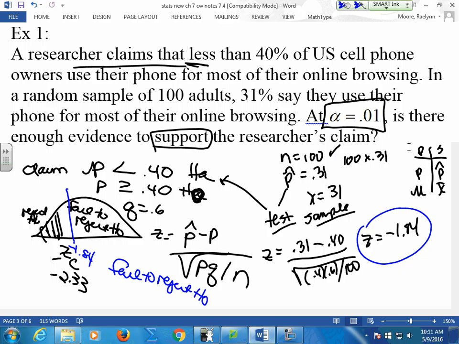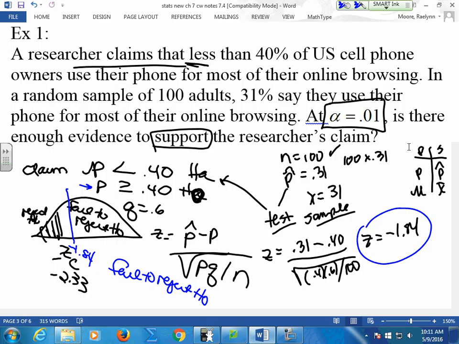If I fail to reject H0, I got to keep this guy. So am I going to support the claim? No. So I find over here, my claim is HA. I fail to reject H0, and I say there is not enough evidence at a level of significance of 0.01 to support the researcher's claim that less than 40% of all cell phone users use their phone for online browsing.